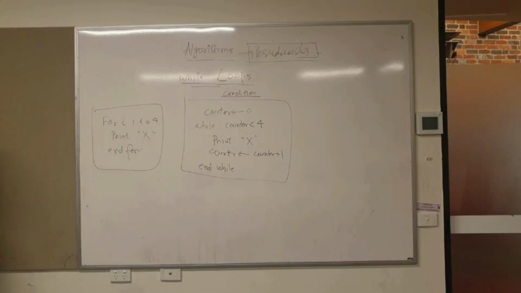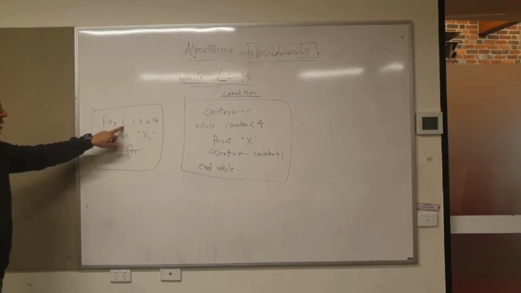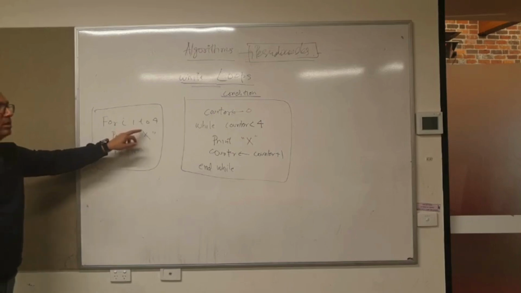But what is the difference? In the for loop, you had a counter I here, which you were not incrementing yourself. It was auto-incrementing by 1 every time, right? We did not add anything to 1 to increase its value and then check the condition.